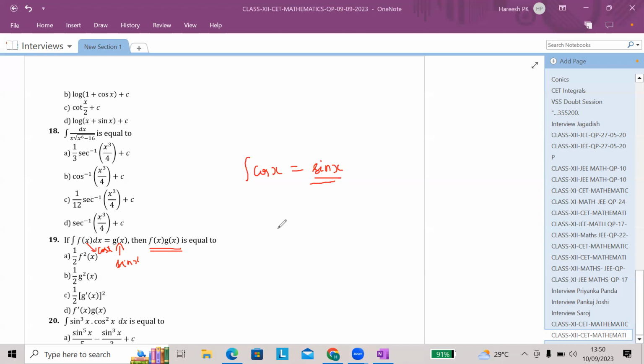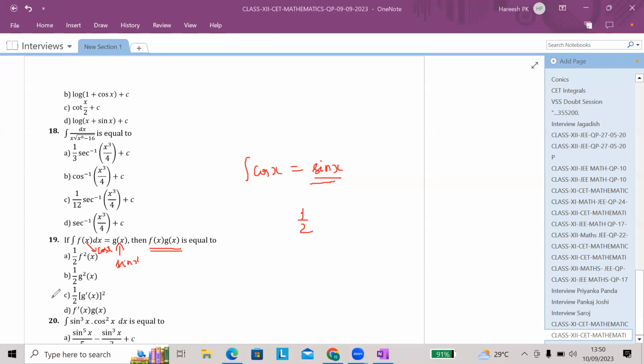What would that be? Would that be derivative of? That would obviously be derivative of sin square x, right? So it would be half of derivative of sin square x.